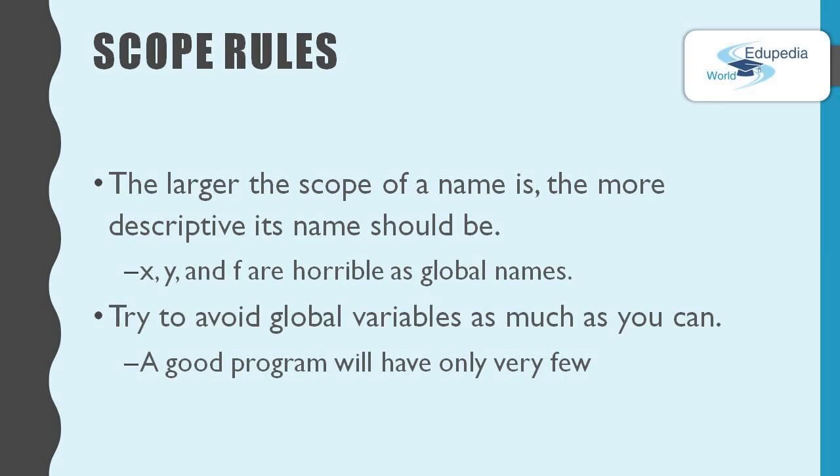In larger programs, it is basically impossible to know which functions modify a global variable. Imagine that you are trying to debug a program and you find that a global variable has an unexpected value. Who gave it that value? Why? What functions write to that value? How would you know? The function that wrote a bad value to that variable may be in a source file you have never seen. A good program will have only very few global variables.